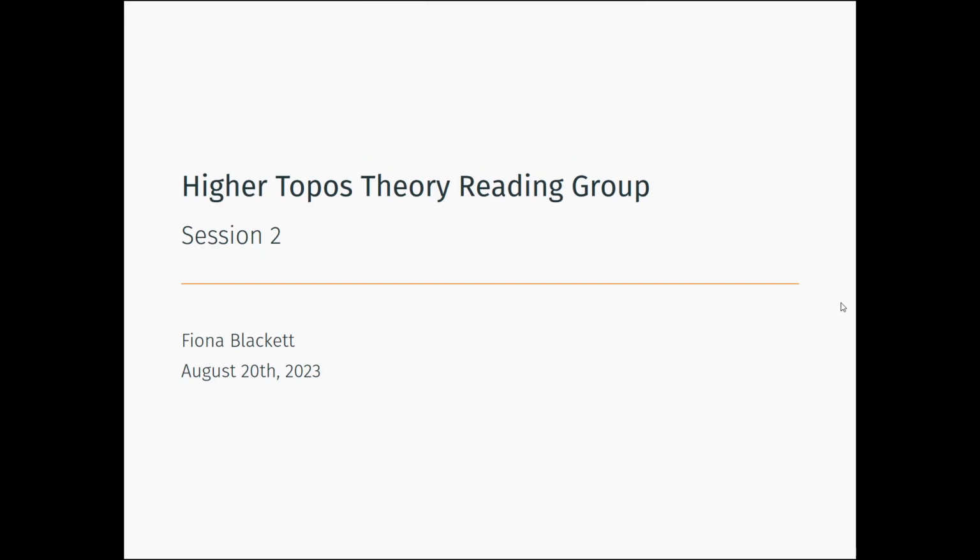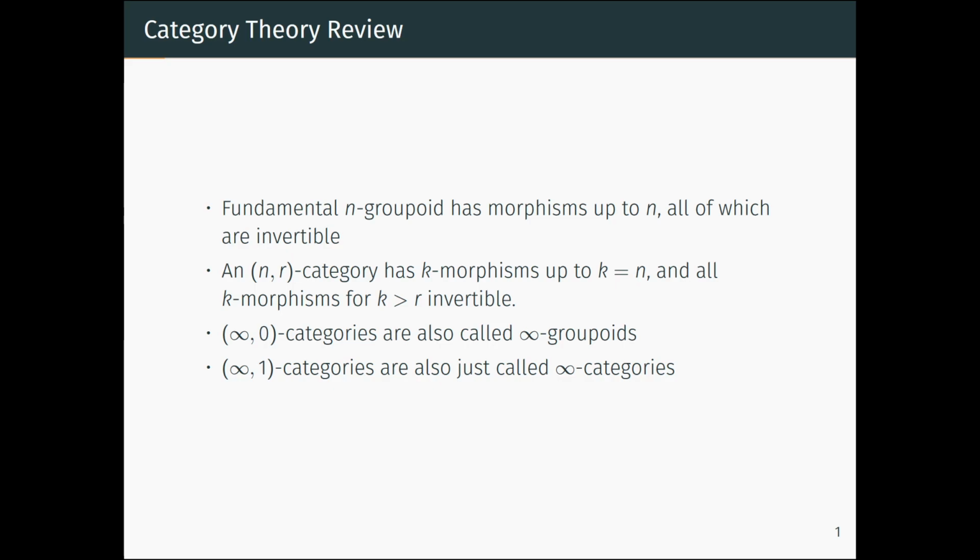So this is just the second session, and we're going to be going over section 1.1, which is just kind of the foundations of infinity category theory. As a quick review, we've mentioned the fundamental n-groupoid, which has morphisms up to n, all of which are invertible.